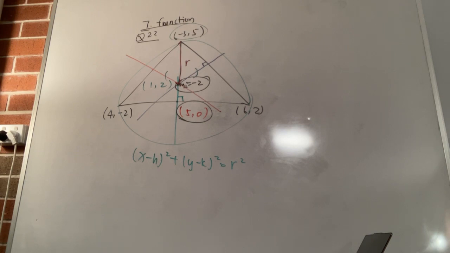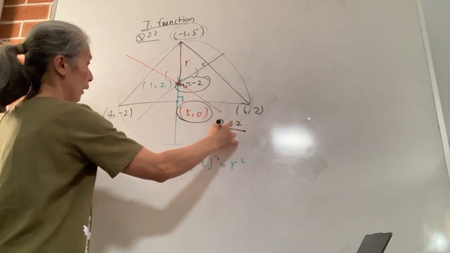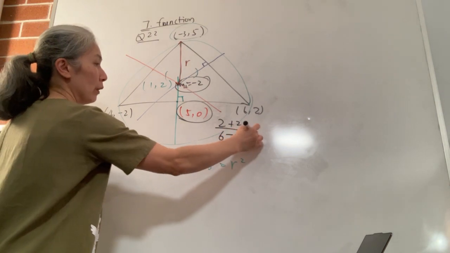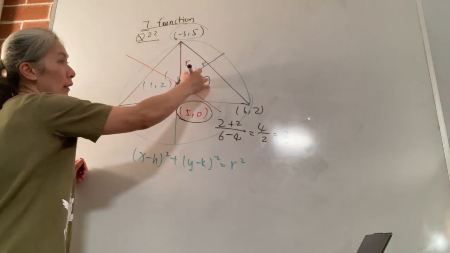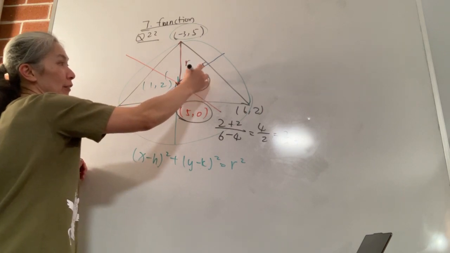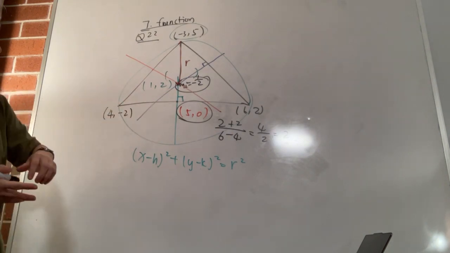Because the gradient in here, this line is going to be 2 plus 2, and then 6 minus 4. This is going to be 4 on 2, which is 2. So the perpendicular gradient actually is minus a half. That perpendicular gradient, that's the first one.